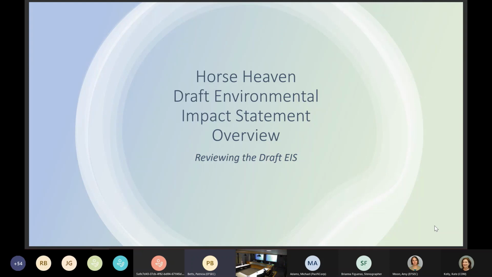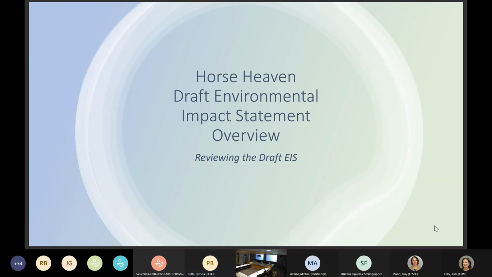Let's just say, for example, they decided they didn't want to do battery energy storage. Well, that wouldn't be the kind of change that would trigger more than just an addendum, for example, or would just be acknowledged in the final EIS. So that might give you some idea: we do have to document it, we do have to analyze it, but there's a couple of pathways that we might end up using for dealing with it.